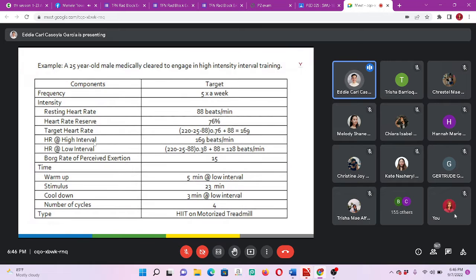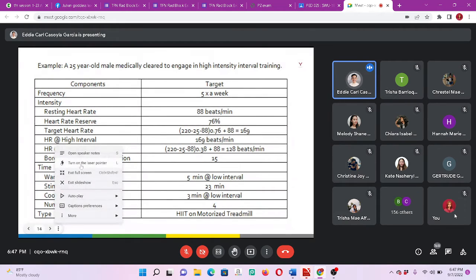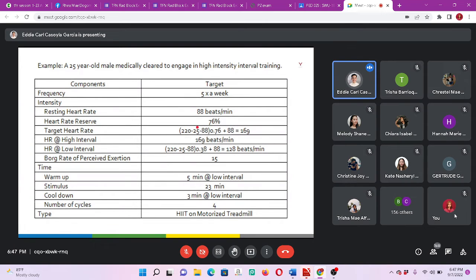So the first one, to get your heart rate at high interval, please follow the formula. 220 minus 25 minus 88. Okay. Any idea why it's 25 here? Any ideas? Reason why it's 25.